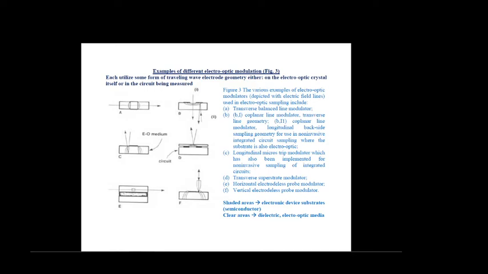Figure 3 here depicts simple cross-sectional views of 6 different modulator configurations that each utilize some form of traveling wave electrode geometry, either on the electro-optic crystal itself or in the circuit being measured. Both are reported in Koellner et al.